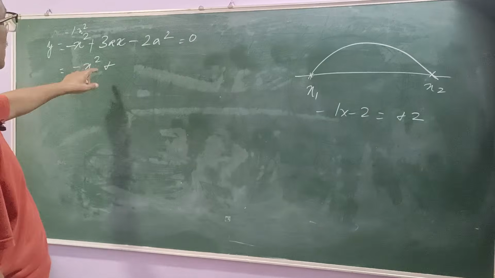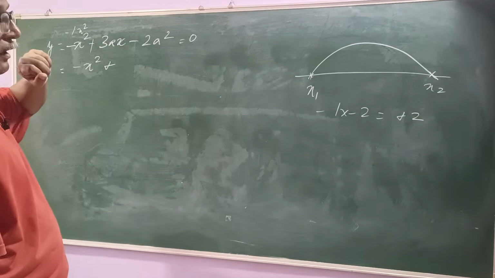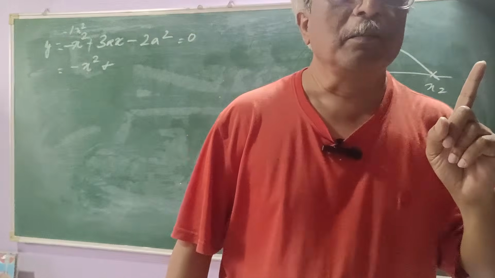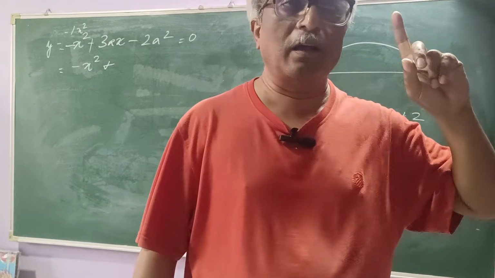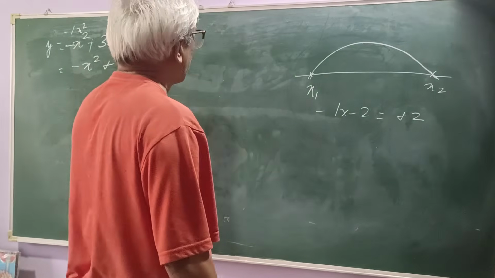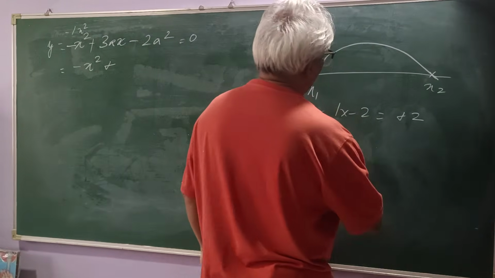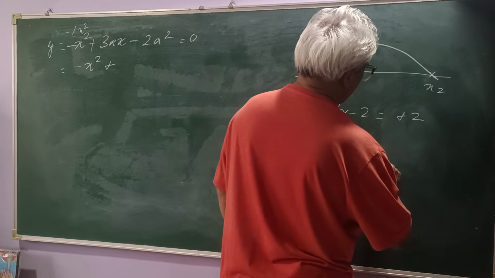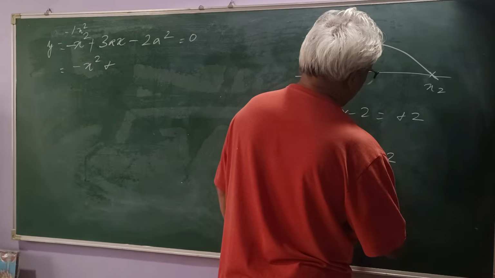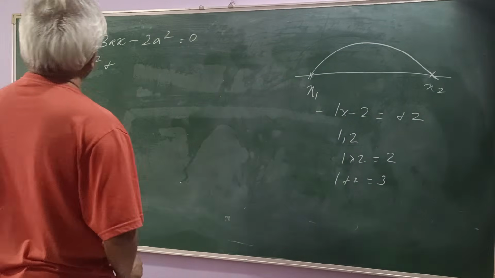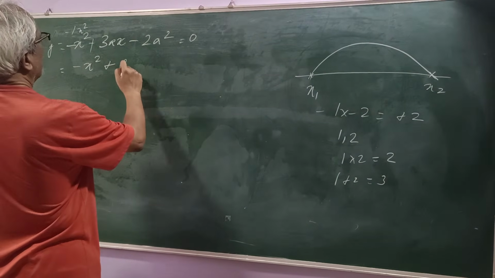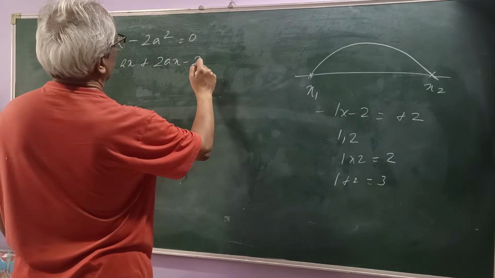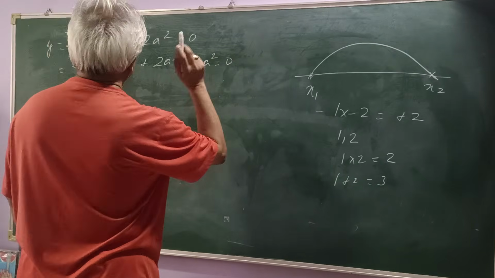When I add, I should get positive 3. So those numbers are 1 and 2. So 1 into 2 is positive 2, and 1 plus 2 is 3. So I will say minus x square plus ax plus 2ax minus 2a square equal to 0.